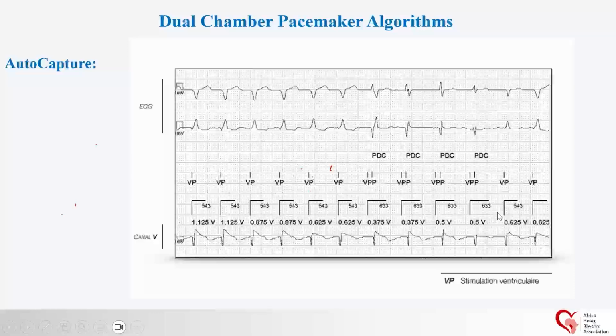And then we will arrive at 0.6. That means it is the minimum amount, that means it is the threshold. It is an algorithm that controls automatically the amplitude or the threshold in the ventricle and gives a backup if it detects a loss of capture.